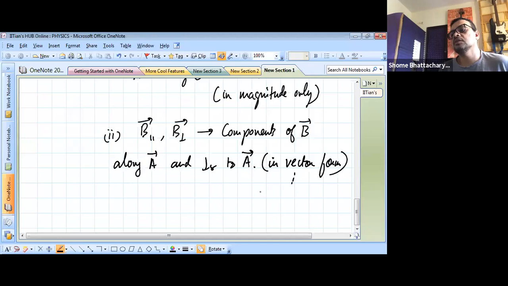That is, in terms of i cap, j cap, k cap notation.